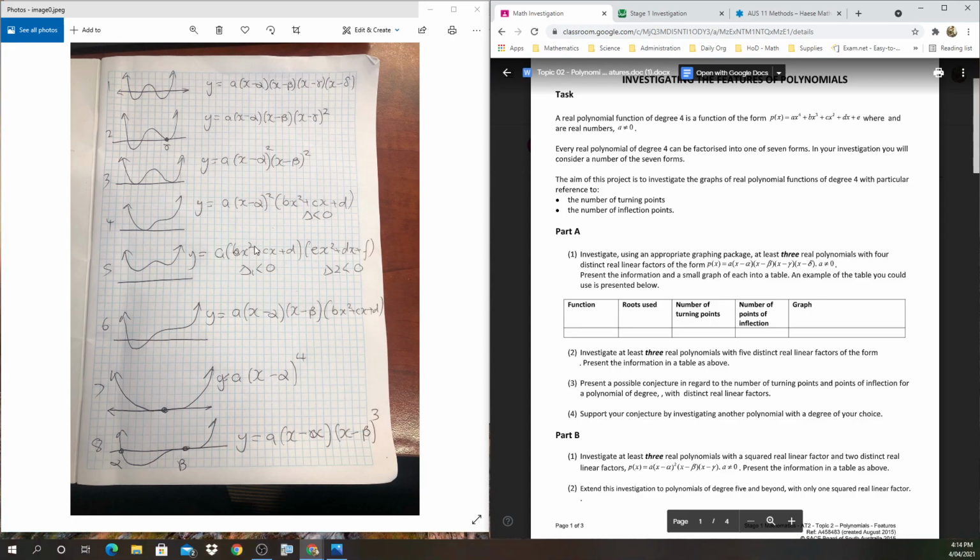Number 5 is a special example where it can be reduced into 2 quadratic factors that have no real roots. This is the one you're probably going to ignore entirely for this investigation because it's not helpful. It's very hard to graph these without technology, because you've got no markers for what they're doing, which is unfortunate.